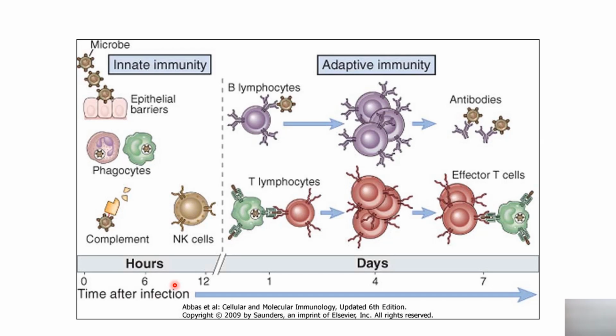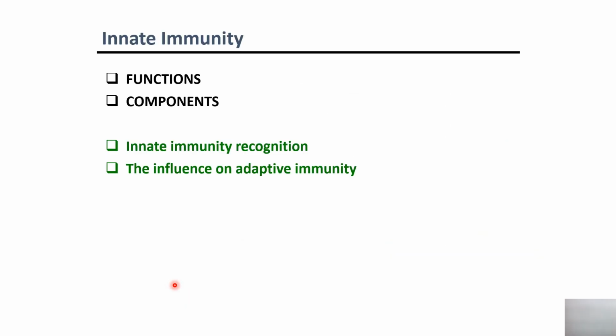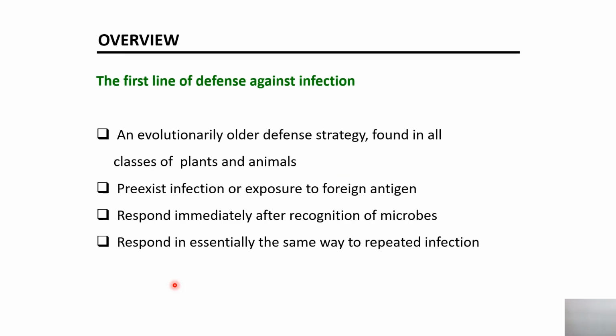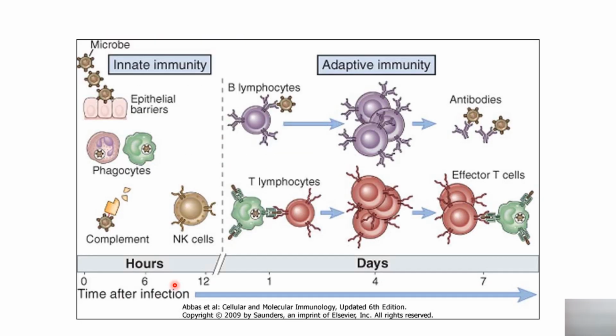From the first to 12th hour we see the innate immunity doing its work, like epithelial barriers, phagocytosis, complement cascade activation, natural killers, etc. Then from 12 hours onward to 7 days or 10 days we see the adaptive immunity coming into role. The B lymphocytes giving rise to antibodies, the T lymphocytes giving rise to effector T cells, etc.